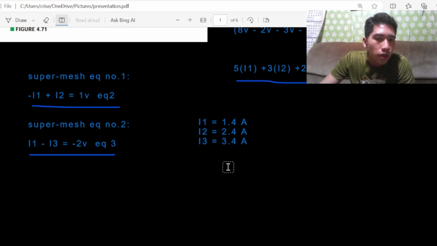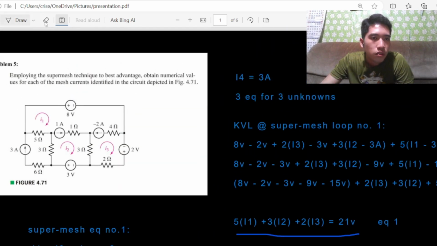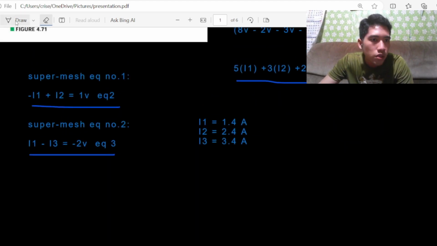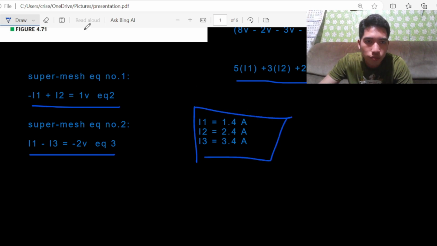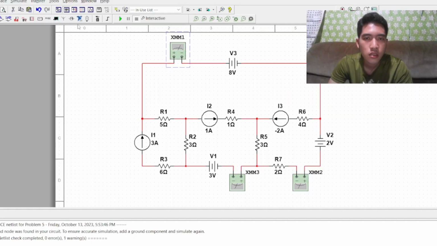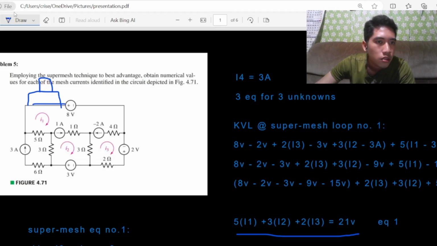To identify if our answer is correct, we're going to use Multisim to simulate this circuit and to identify the current flowing through each branch that we just solved. So, let us remember this answer and compare it to the simulation. This is the circuit that I built using Multisim, and I copied the circuit design given in the problem, which you can see over here.